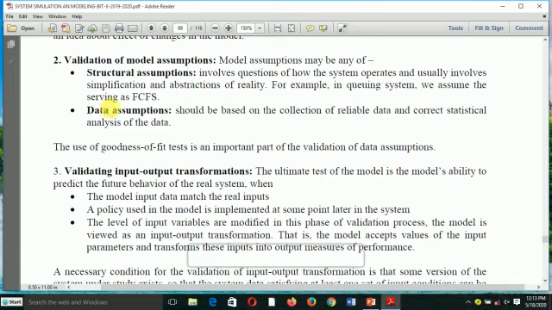It means that the data are not 100% the same as the data in the real system. Here we are going to use a goodness of fit test, like the chi-square test we used previously.